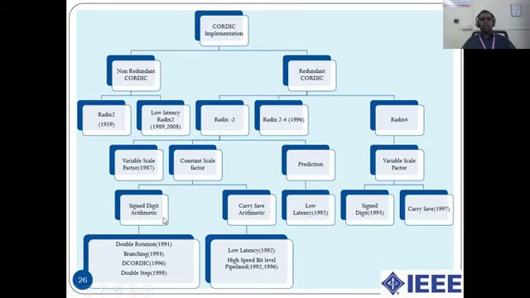In the case of sign digit arithmetic, we have double rotations, branching algorithms, deCORDIC algorithms, and double step algorithms proposed to date. In the case of Radix 4, we have variable scale factors, and sign digit and carry save arithmetic are used in Radix 4 implementations.